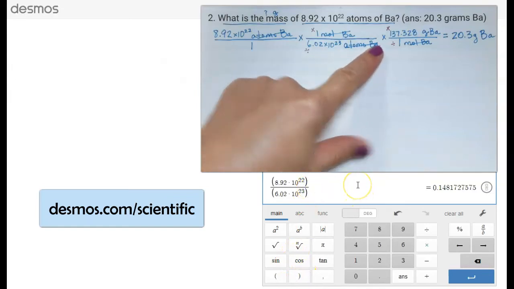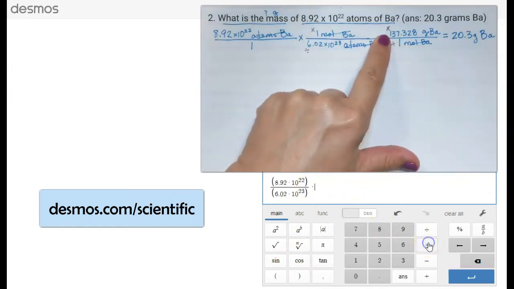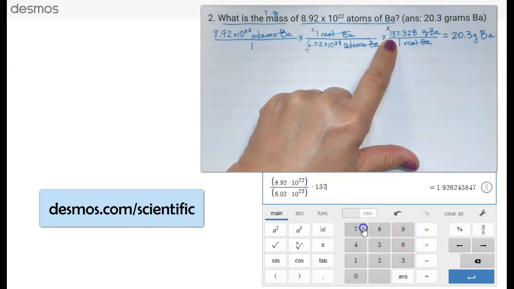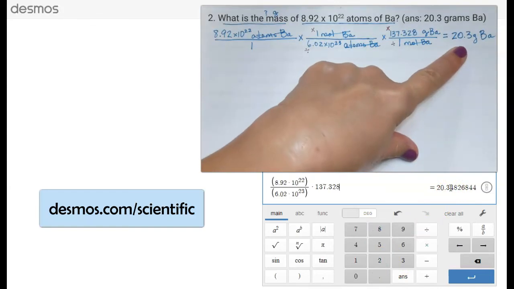Then over here we're going to type times and then 137.328. And then you see we get our answer here, 20.3 grams.